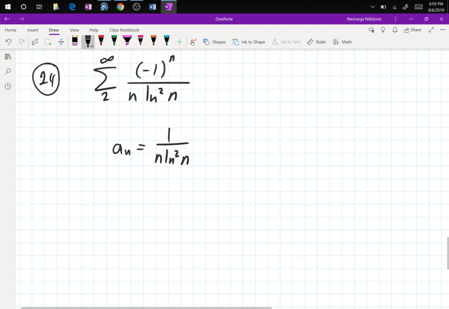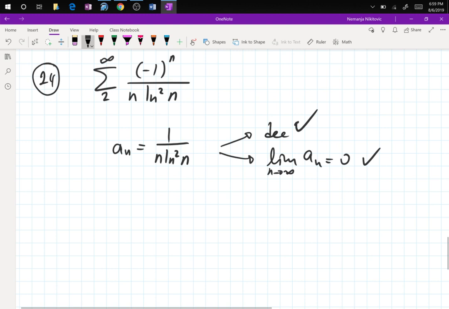Now, for a situation like this, where all of the variables are in the denominator, and you just have 1 on top, it's immediately obvious that decreasing is a pass, and limit a_n equals 0 is a pass. The higher the n goes, the smaller the number, right? 1 over 2, 1 over 3, 1 over 4, 1 over 5, 1 over 6.